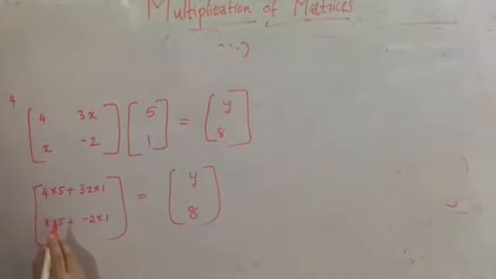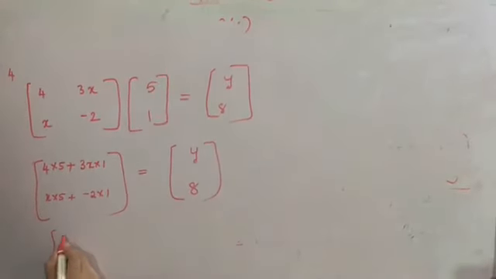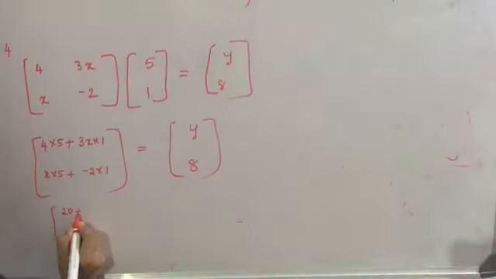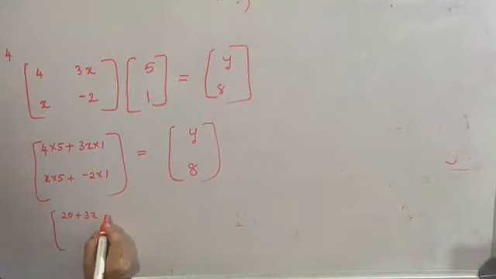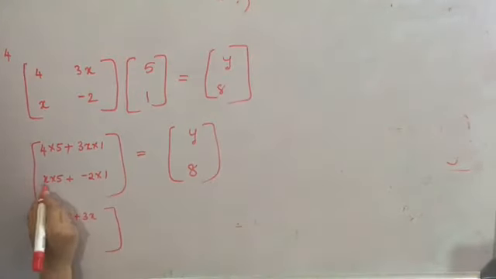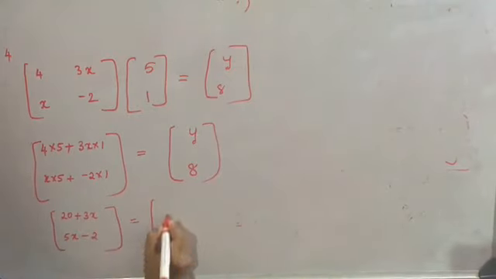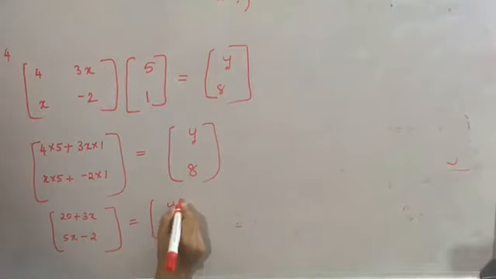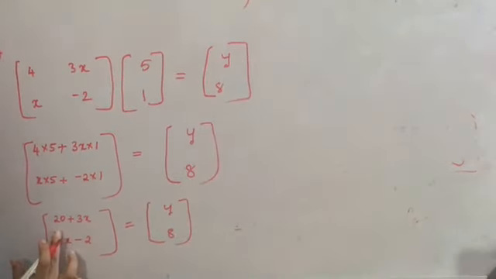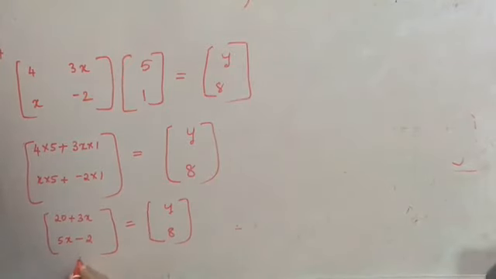So let's see. 4 5s are 20 plus 3x, and 5x minus 2 equals [y; 8]. So first equation you get 20 plus 3x is equal to y. Second equation you get 5x minus 2 is equal to 8. So we take the second one.